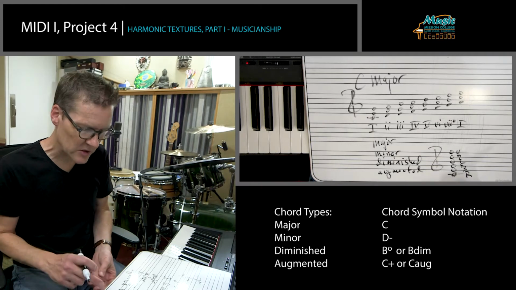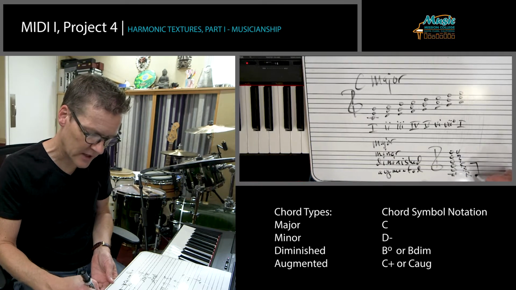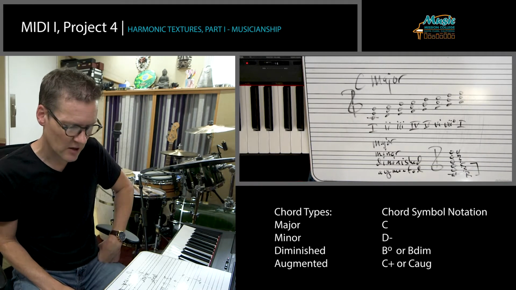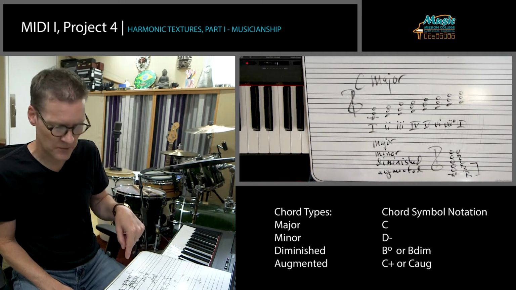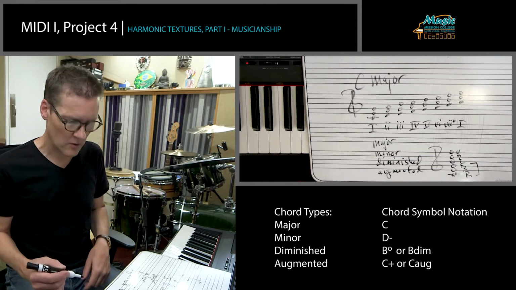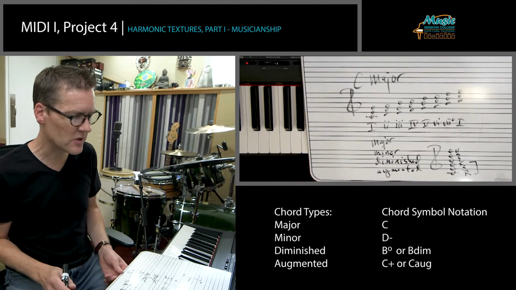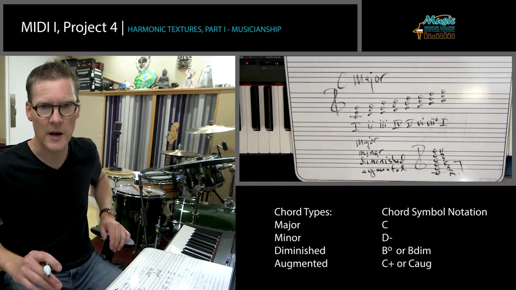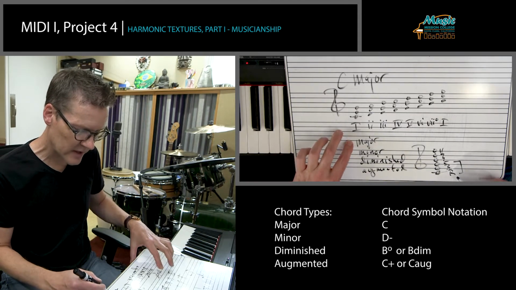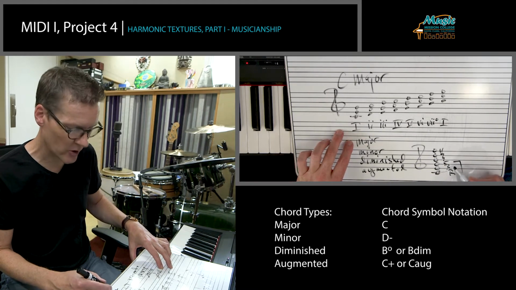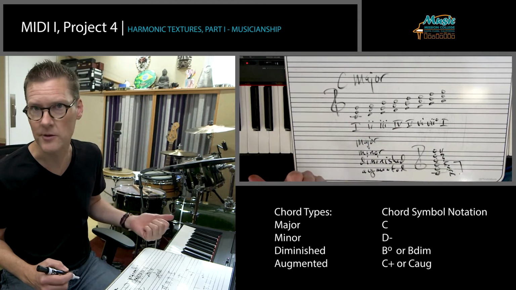So when it comes to just the triad part, that's the bottom 3 notes, there's really 4 possibilities: major, minor, diminished, and augmented. And essentially, it goes like this. And I'll just do this quick and we won't worry about it too much. But a major chord means that the distance from the root to the third is major.